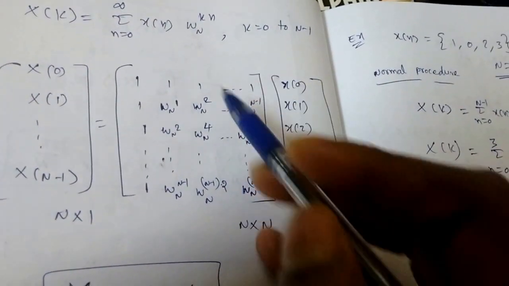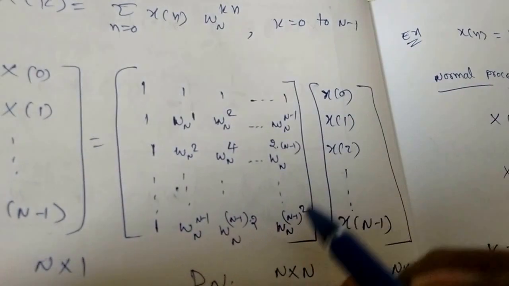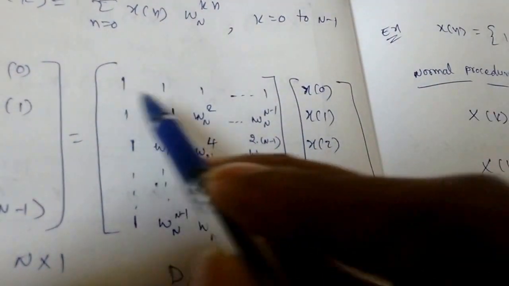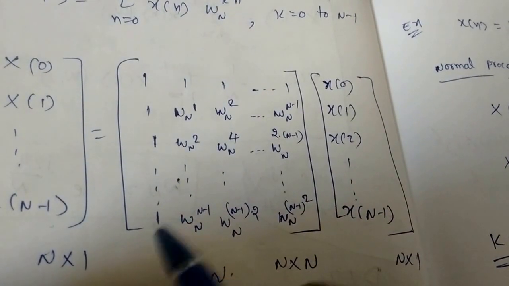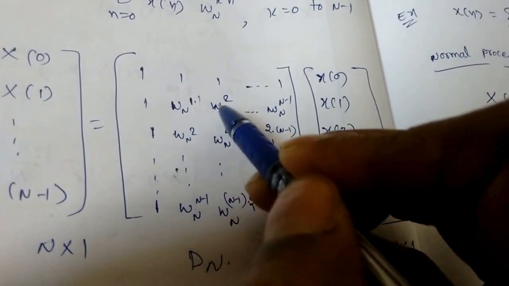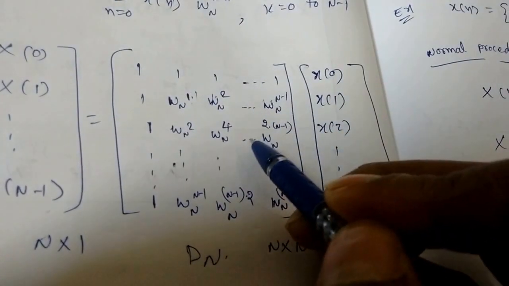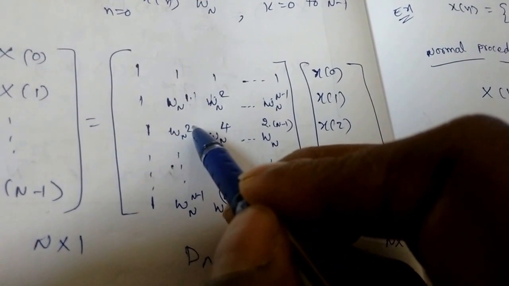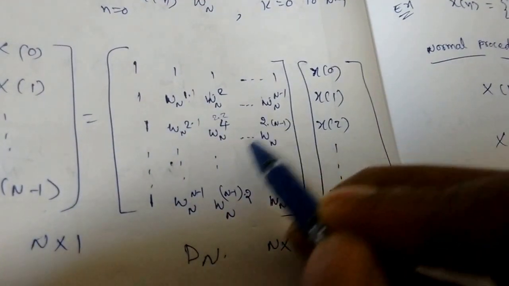In place of W and k, it is generally called D_N, the matrix form. The first row and first column will always be 1. The second row will start with W_N power 1 into 1, then 1 into 2, and so on, up to 1 into N minus 1. Similarly, the next one is 2 into 1, 2 into 2, and so on, up to 2 into N minus 1.